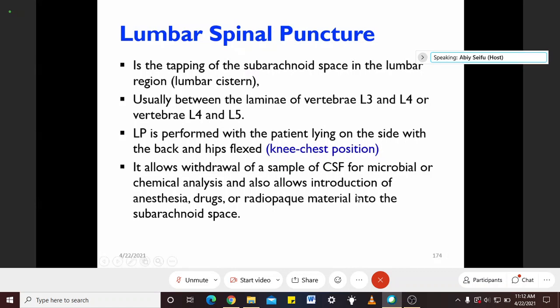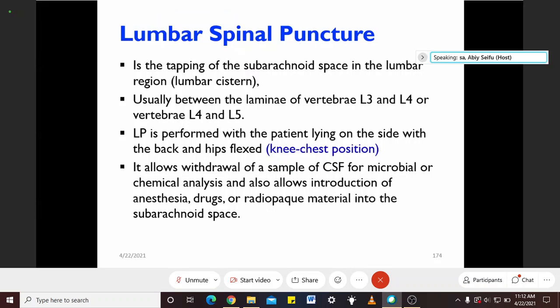Now, lumbar puncture most of the time occurs between L3 and L4, or below that, L4 and L5. Because in this region, which is called the lumbar cistern, the subarachnoid space is larger and wider.